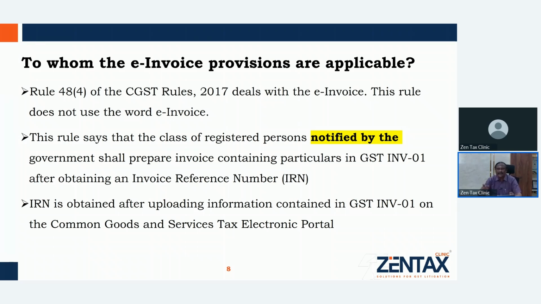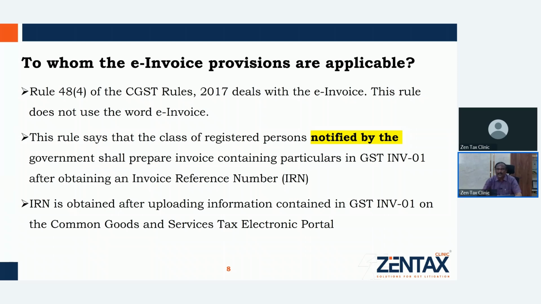They have specified in INV-01 what clauses should find a place in your invoice. The contents as per INV-01 should be there in your invoice for generation of the e-invoice. INV-01 has mandatory fields and then optional fields. It is up to you to utilize the optional fields, but the mandatory fields specified should be there.